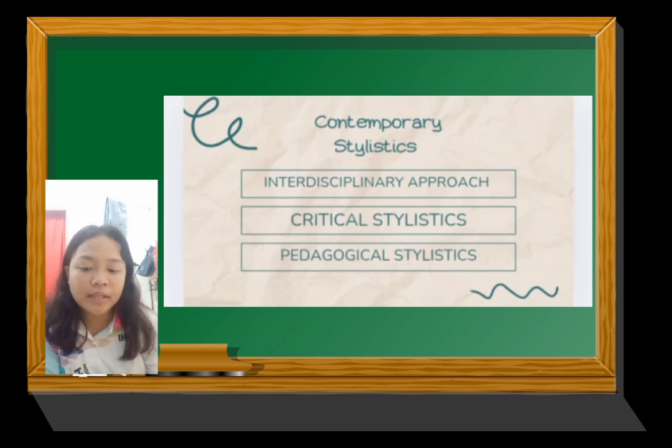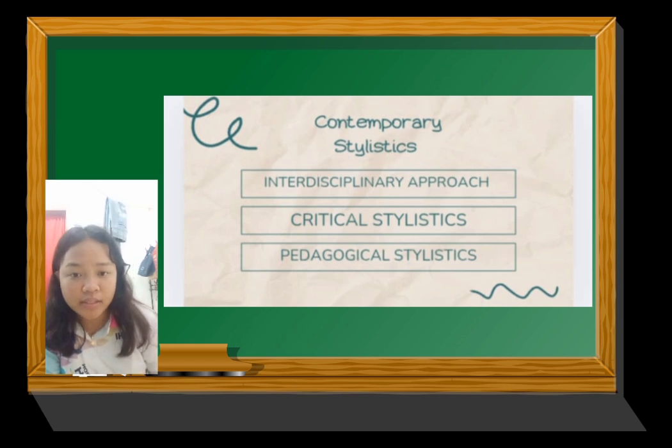We also have critical stylistics, focusing on how language shapes ideology, identity, and social structures. Lastly, under contemporary stylistics is pedagogical stylistics, which applies stylistic tools in education, especially in second language learning and literary appreciation.